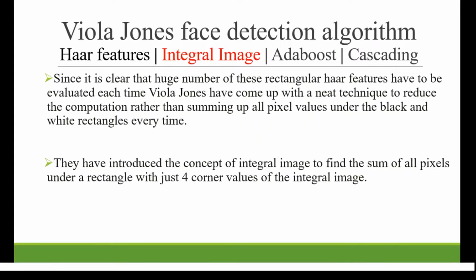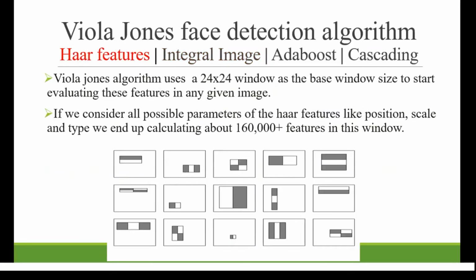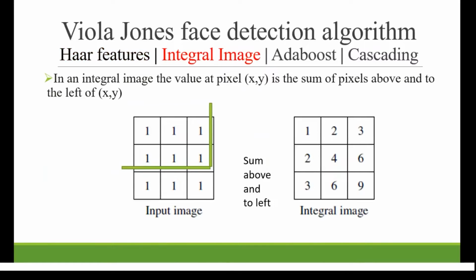of the integral image. So what is being done is, for example, suppose this is an input image. For an input image, what we do is we find the integral image. So what is an integral image? Integral image has the sum of all the values of pixels which are above that particular pixel and towards left. For example, for this particular pixel there is no value above or left, so its value would be 1.